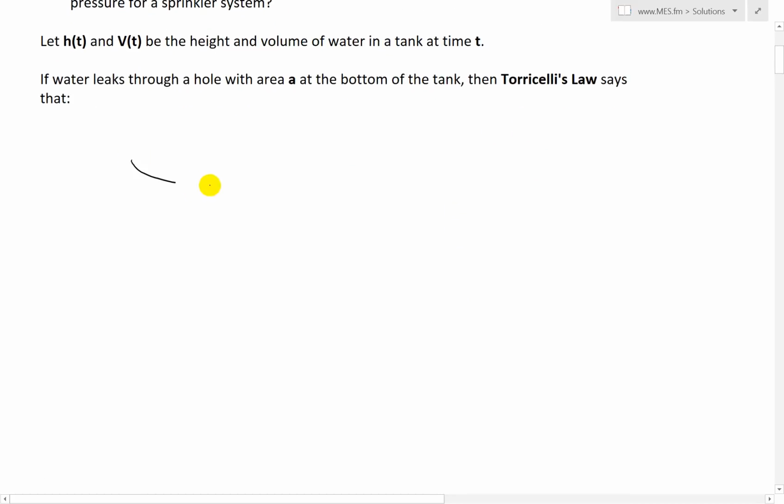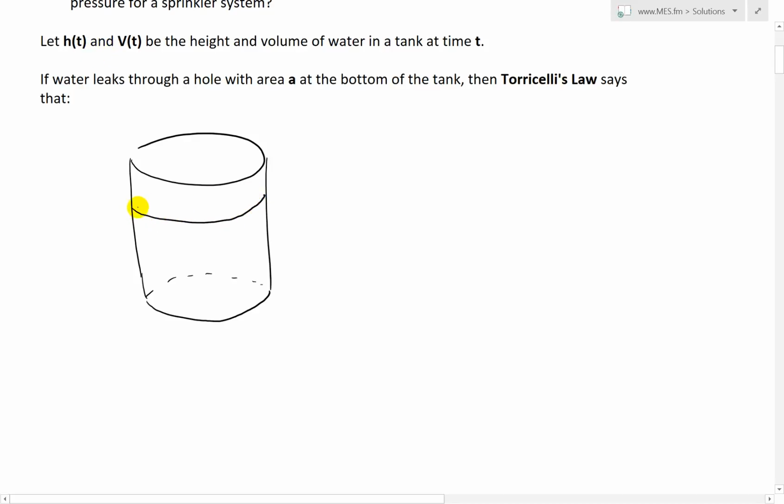So let's say we had a tank, a cylindrical tank, could be any shape, doesn't matter. So yeah, it's something like this. So basically what we're saying is the volume of water and the height of the water. Let's say you have a tank like that, and inside you have this water. So I'll just draw a little buoy or whatever.